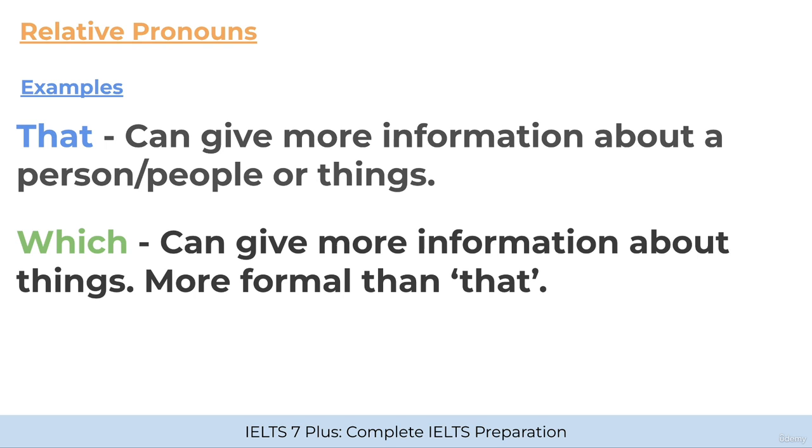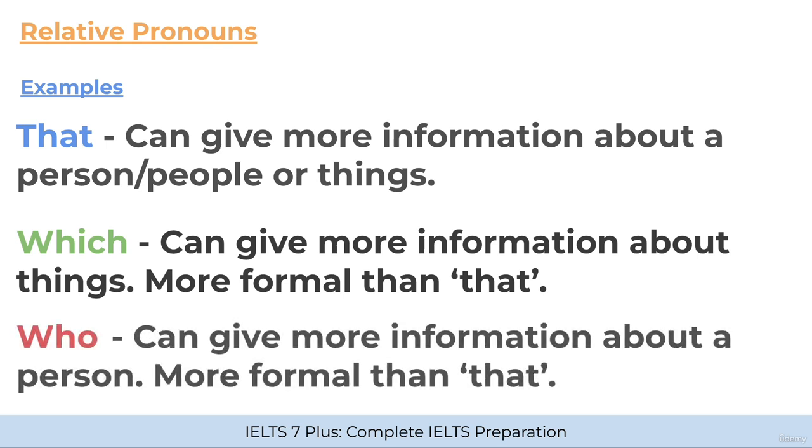So depending on which context you are speaking or writing in, then you can use which. And who can give more information about a person, and it's more formal than that again. So which and who, quite formal, that is a bit more general.